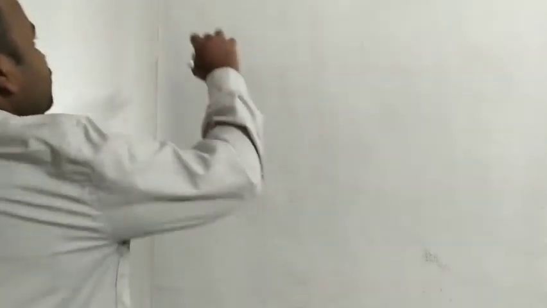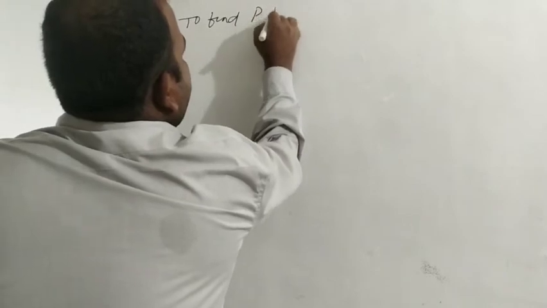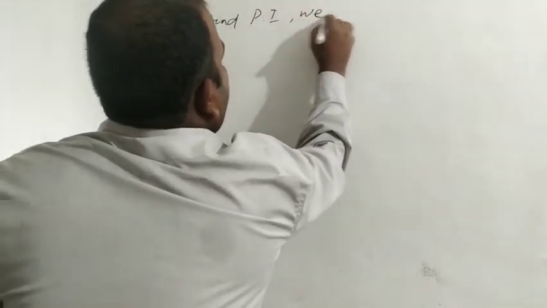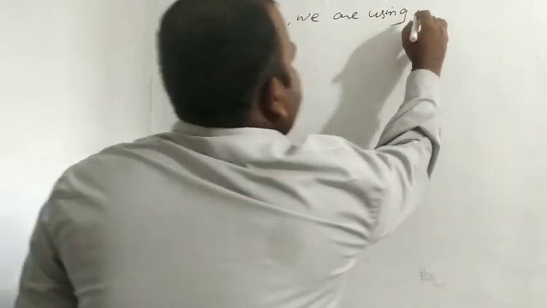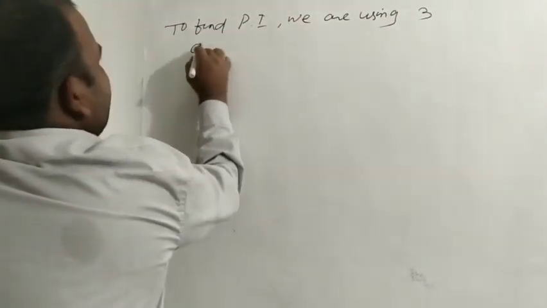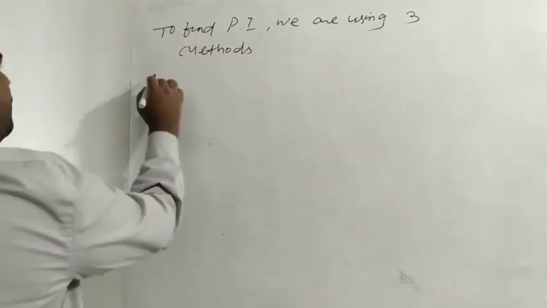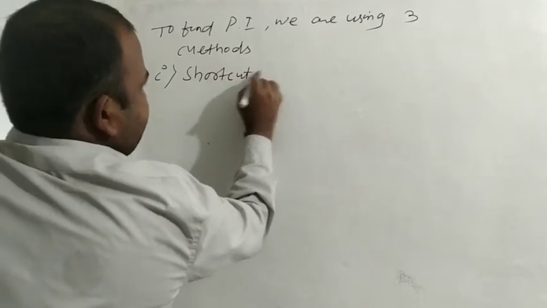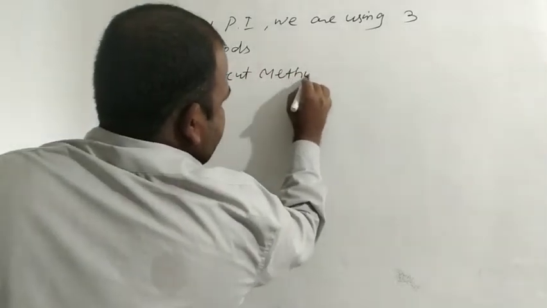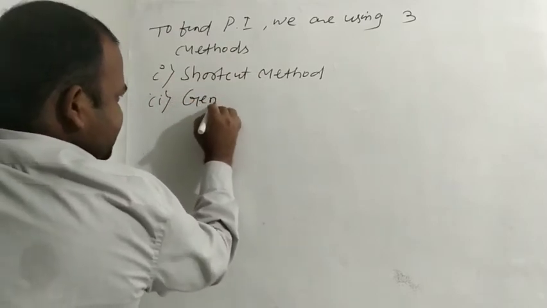To find PI, we use three methods. First is the shortcut method. Second is the general method.